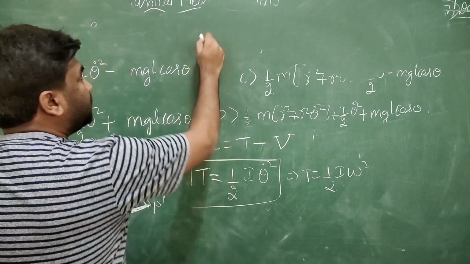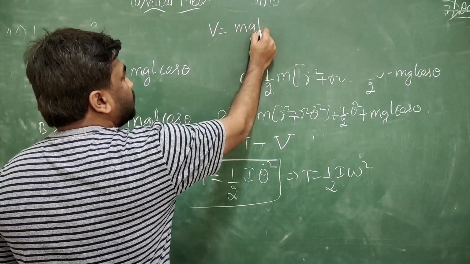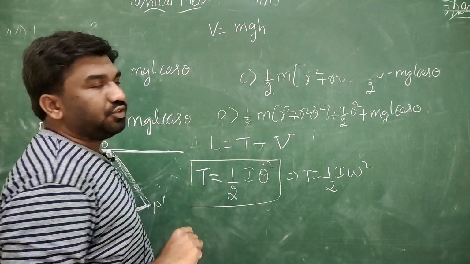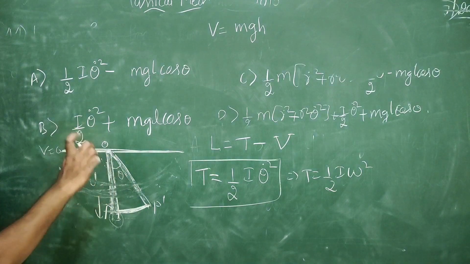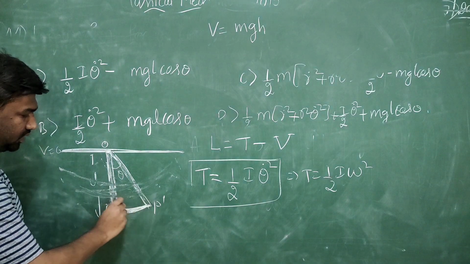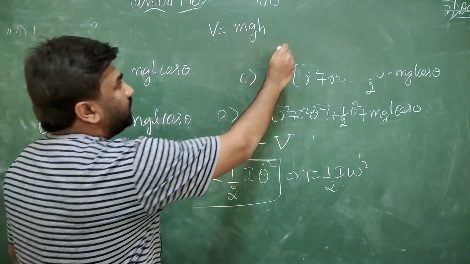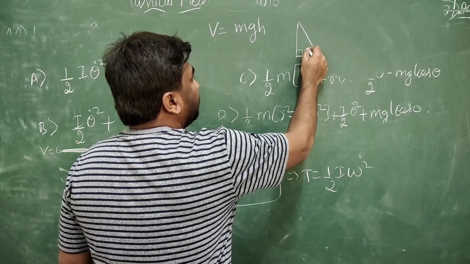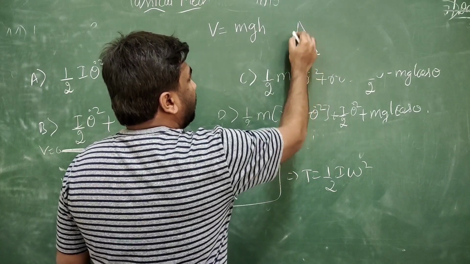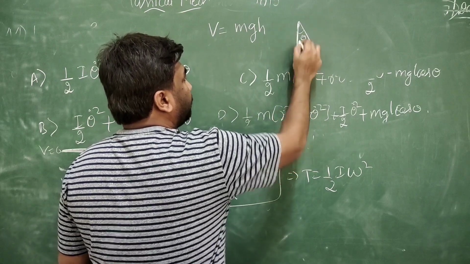And potential energy. So what is potential energy? We know that V is equal to mgh. Potential energy V is equal to mgh. So height we have to calculate. From the diagram it looks like a triangle with 90 degree, and this is theta, and this length we have to calculate. This is OP.